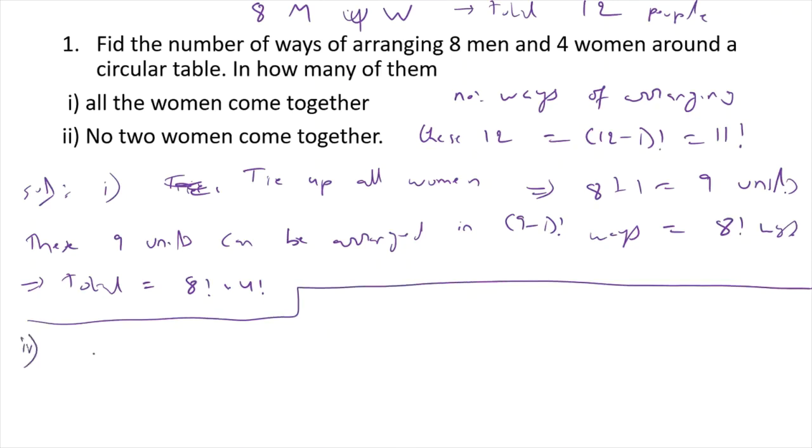So no 2 women come together. No 2 women come together means first we have to arrange men. If you arrange 8 men in a row, 1, 2, 3, 4, 5, 6, 7, 8, then we are going to get 9 gaps.